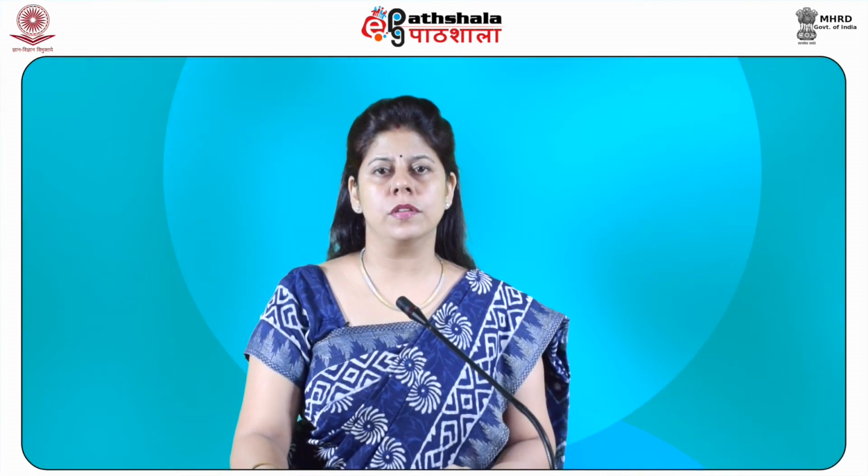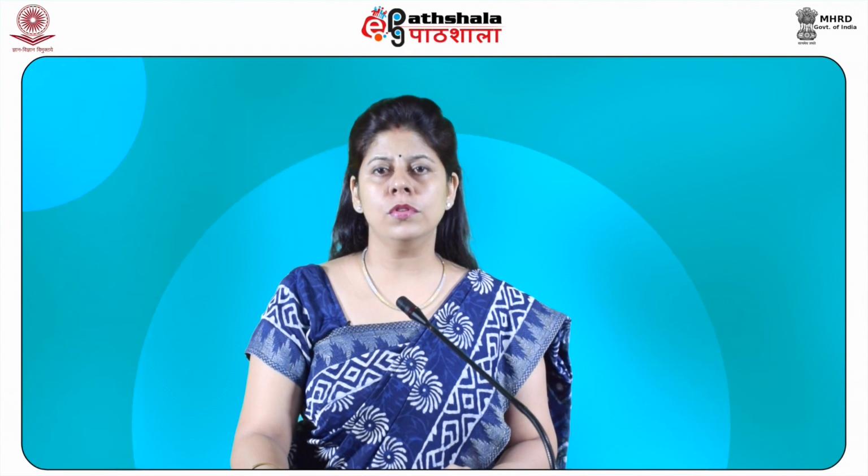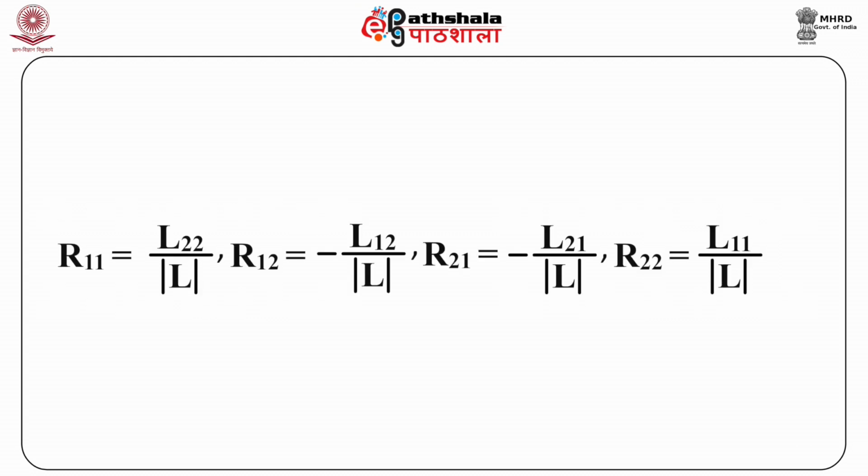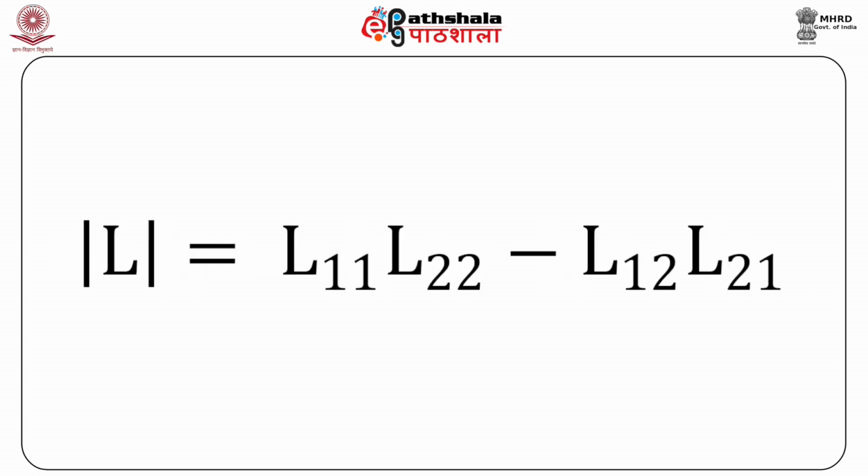It is possible to pass from one system of coefficients to the other by rules of matrix algebra. For the simple case of two flows and two forces, we have the equation, and the relation between the Rik and Lik is given by the equation in which the determinant L is equal to L11 into L22 minus L12 into L21.